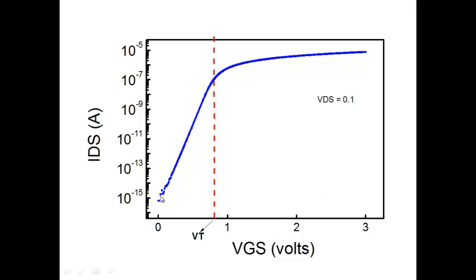Off-state current has to be small, but then think about the following. If this line has a fixed slope, and you design a transistor with higher VT, let's say VT is 1.5, what would the off-state current be then?